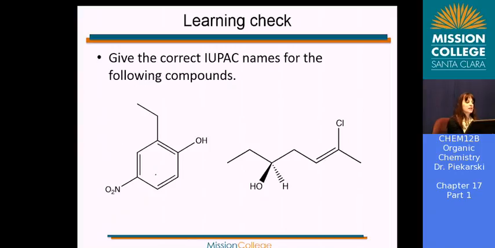Looking at this compound here, the highest priority group is what? Definitely the alcohol. So that's where you're going to start numbering. We're going to number so that now that's number 1, but the substituents get the lowest number. So I'm going to number counterclockwise because that gives you the second substituent, the number 2, 3, 4.